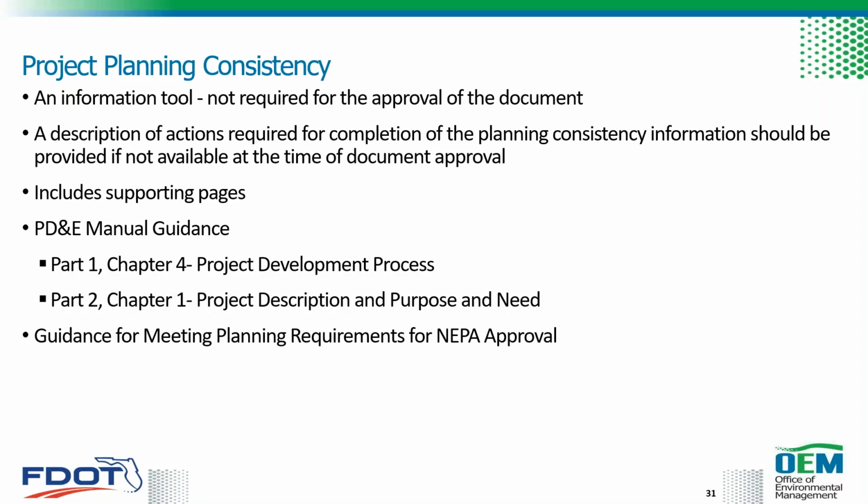And we have a lot more information available on planning consistency in both Part 1, Chapter 4 and Part 2, Chapter 1 of the PD&E manual, as well as this guidance document, the guidance for meeting planning requirements for NEPA approval. And I'll include a link to these resources here at the end of this presentation.